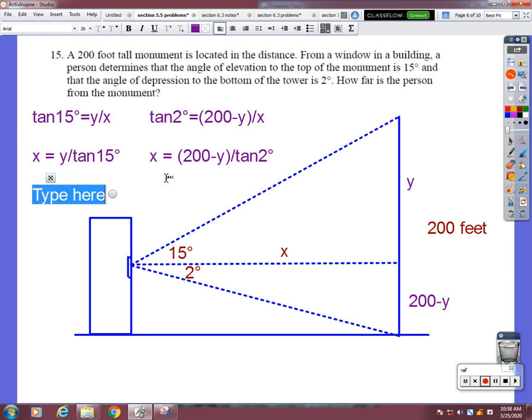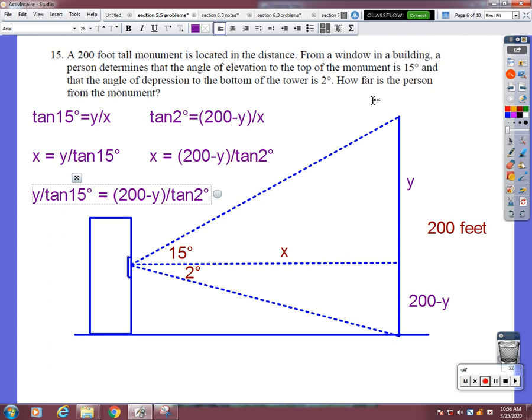So y divided by the tangent of 15 degrees equals 200 minus y divided by the tangent of 2 degrees. Okay?